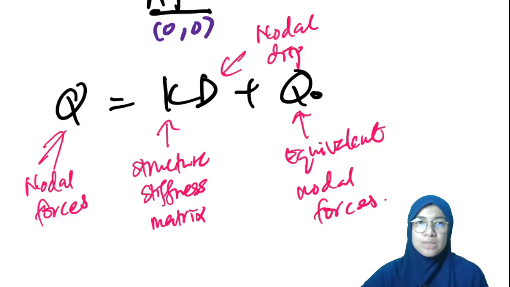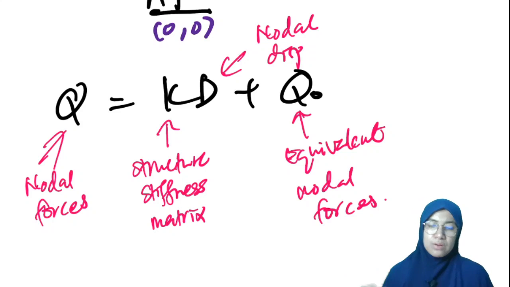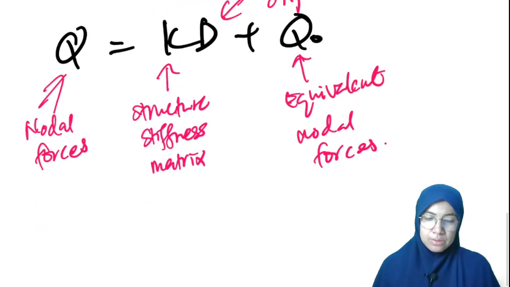So we must consider Q naught in beam and frame for determining the far end reaction, and we distribute it equivalently to the nodes.